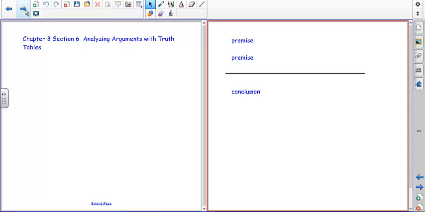The premise consists of statements, so we're going to convert those statements into symbolic logic. The conclusion is going to be a statement. We're going to convert that to symbolic logic. And then we're going to make a big, long combined statement that connects the premises to the conclusion using the appropriate logic connectives, like and, or, if-then.